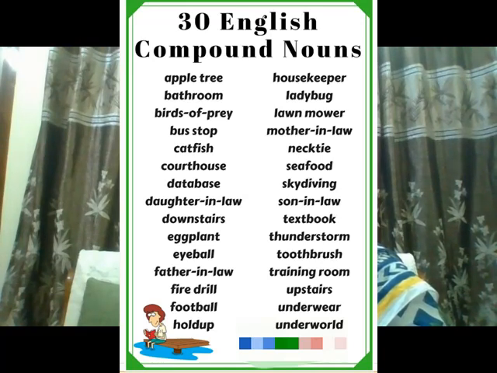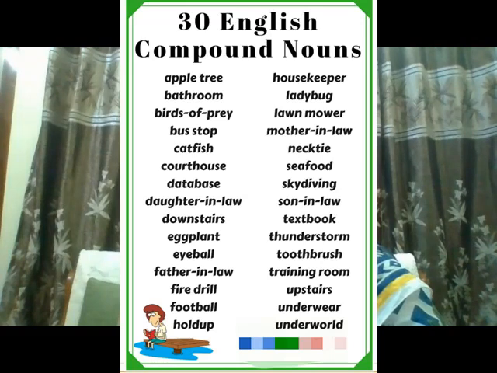Now in the examples you can see apple tree, bus stop, lawnmower. These compound nouns are created by giving gaps in between. Then there are words like bathroom, catfish, courthouse, database, eggplant, housekeeper, seafood. These words are created without giving a gap.